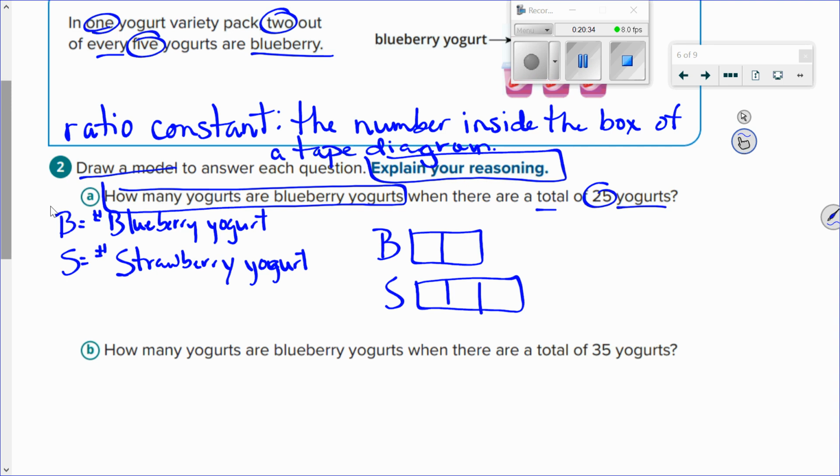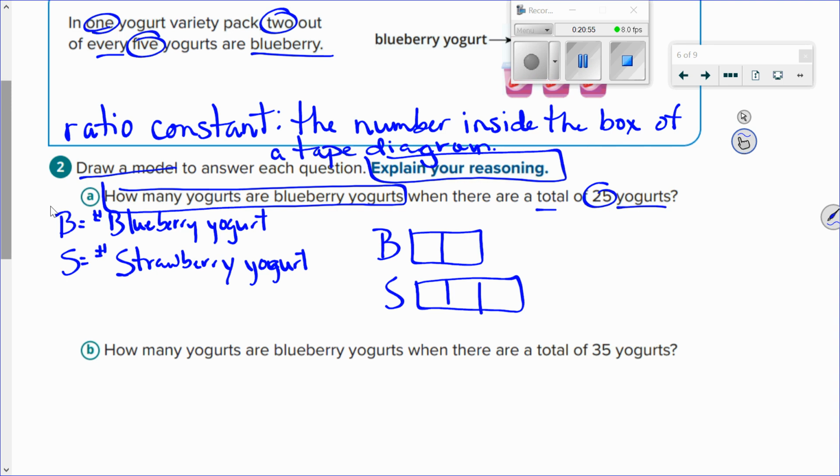So what I'm saying is, if I have a ratio, and I know it's 2 blueberries to 3 strawberry yogurts, my tape diagram, I just do 2 boxes on top for the blueberry, 3 boxes on bottom for the strawberry. I now have my ratio shown in a model.